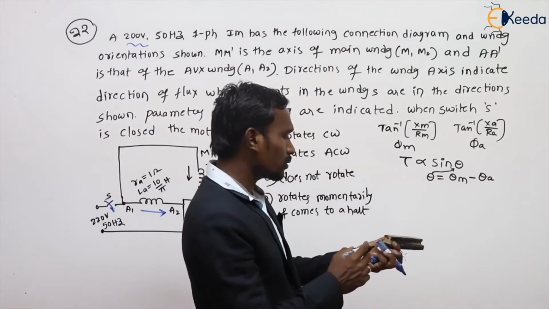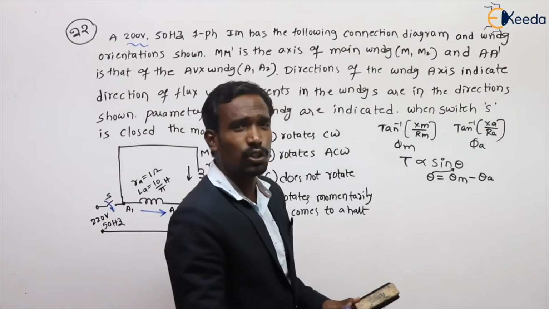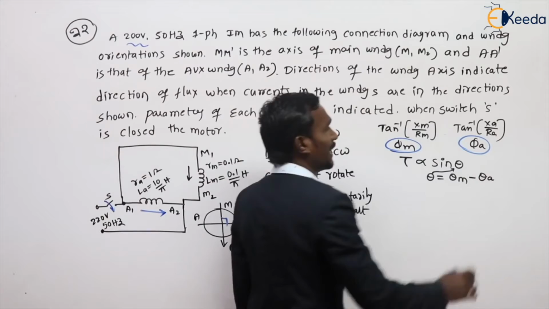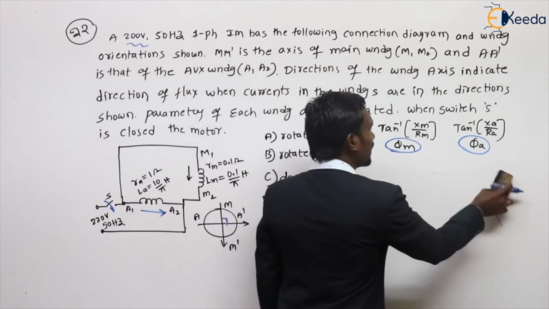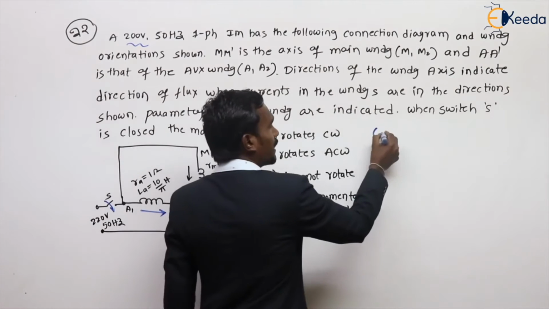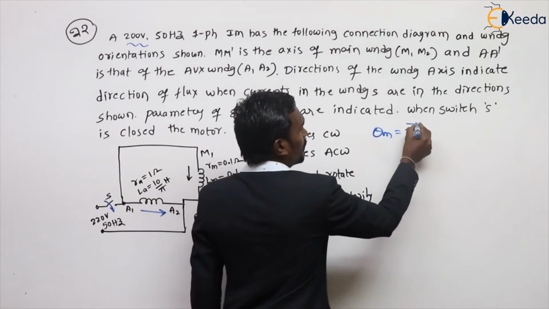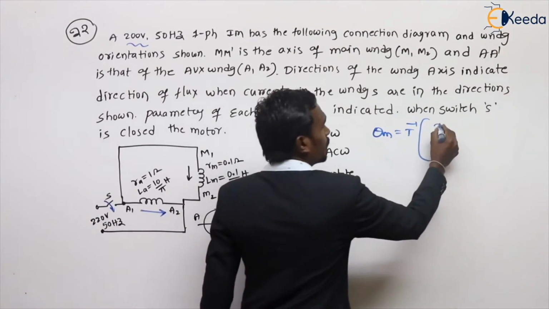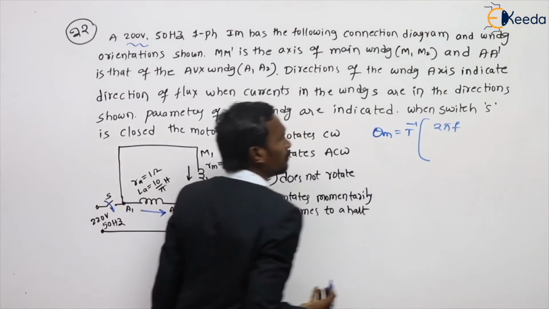So to solve this question, we have to calculate theta m and theta a. First calculate theta m. Theta m is equal to tan inverse of Xm by Rm. Xm is nothing but 2 pi f Lm.